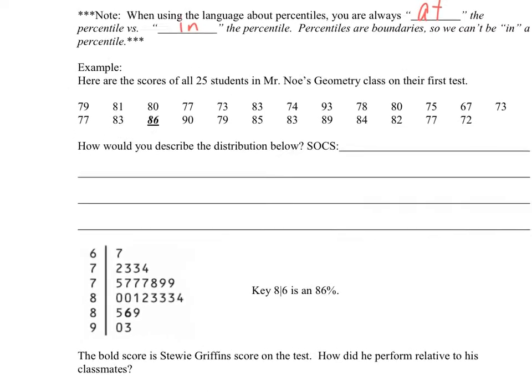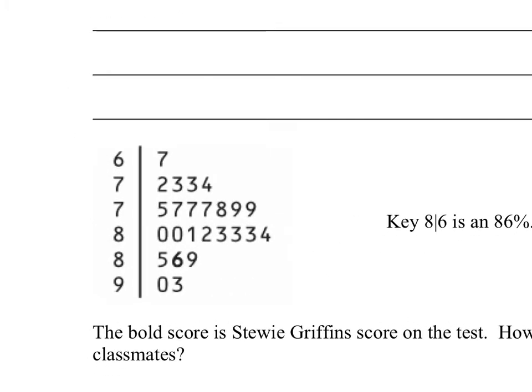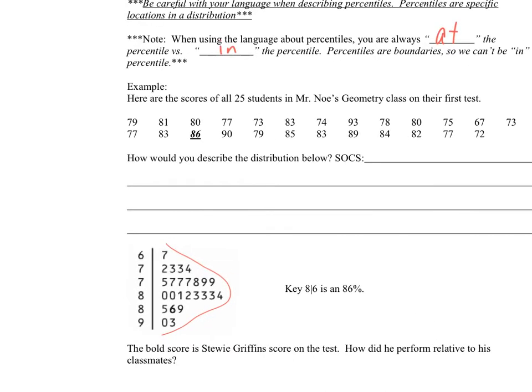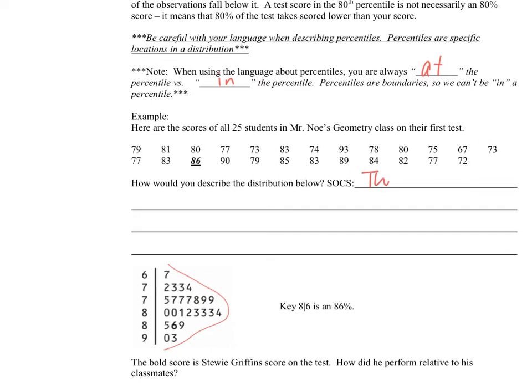So we look at this distribution, and we want to describe it, which means we're going to use SOCS to do it. For the most part, we'd say this is pretty symmetric. So we would say the shape is roughly symmetric. It's got a single peak.